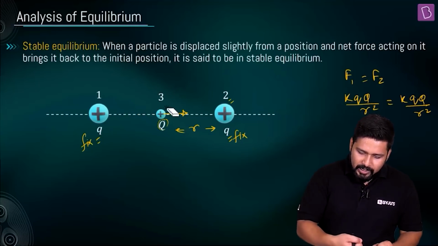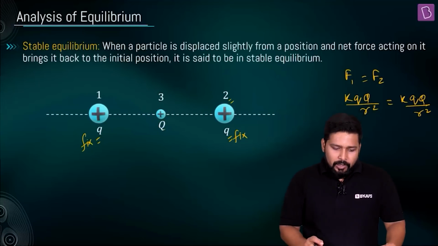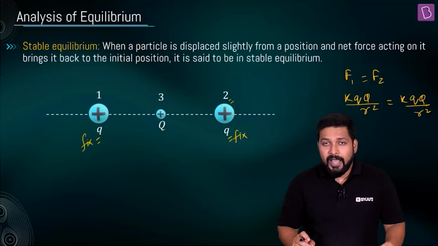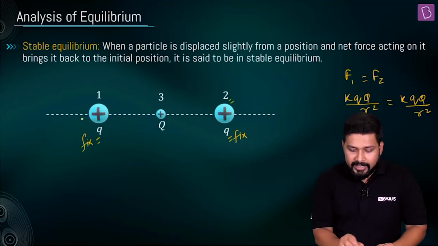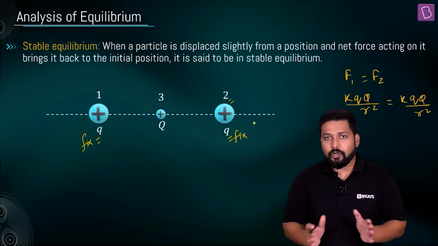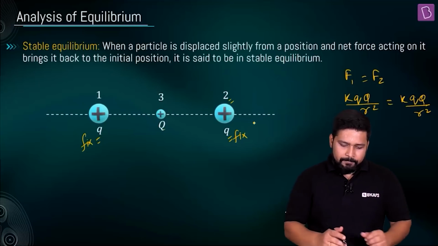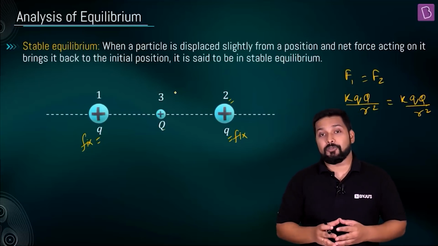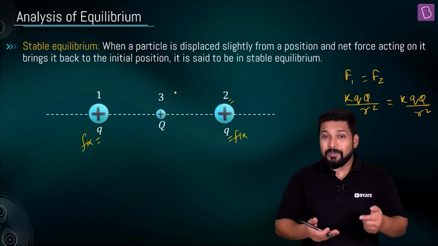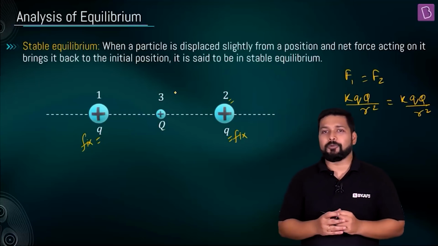Now we will start our analysis of equilibrium. If this charge has to be in stable equilibrium along the line joining the three charges, then if I disturb it slightly from its mean position, the net force should be acting in such a manner that the charge is brought back to its mean position.